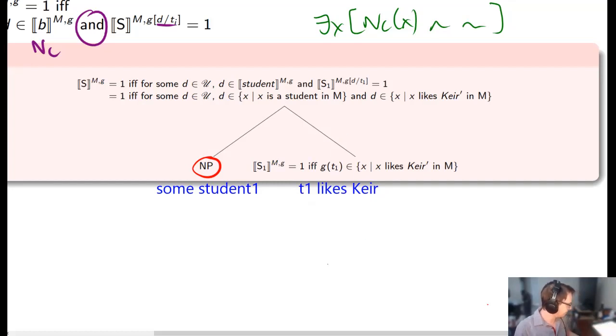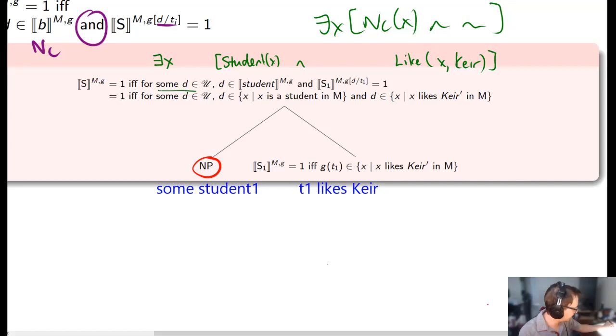So when we go up, again, we're really abusing that predicate logic notation. We're using the fact that we're going to translate this as exists x, student x, and like x here. So if I write it out like this, we can sort of see things piece by piece.